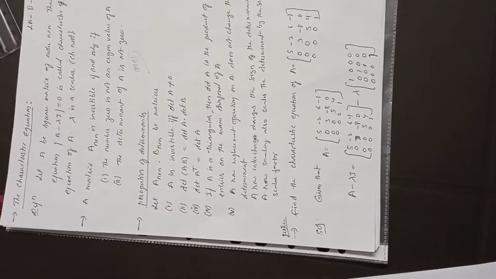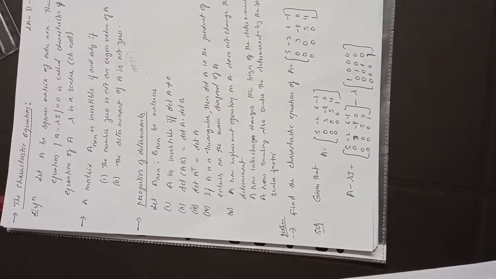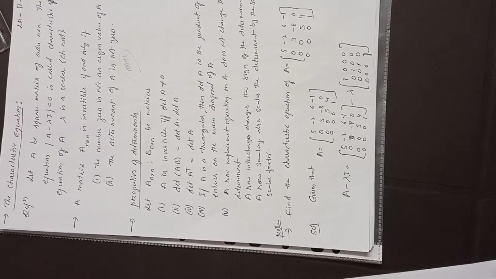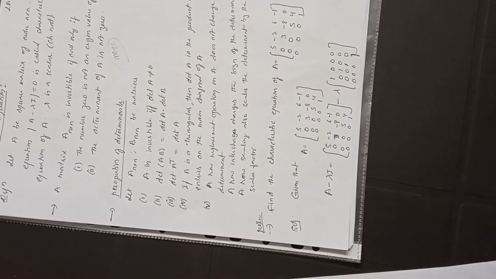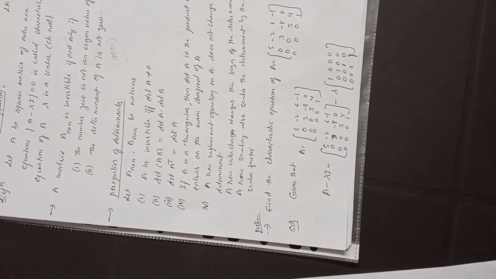A row interchange changes the sign of the determinant. A row scaling also scales the determinant by the same scalar. That means if you multiply a row by a non-zero constant, then the resultant determinant is also multiplied by that non-zero constant.